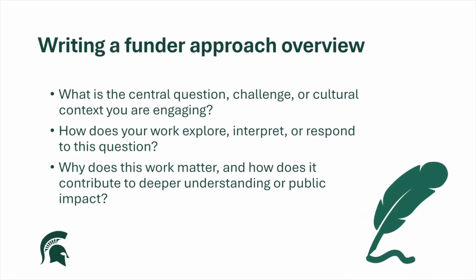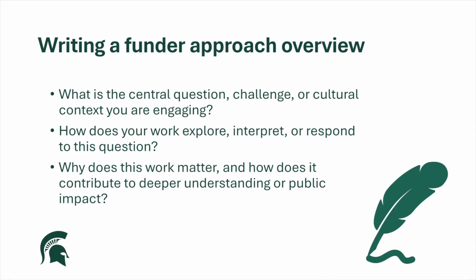When writing a funder approach, like you want to reach out to this funder, this is kind of the format I want you to think about. You're writing a concept note, you're trying to put together your thoughts on paper. Ask yourself these questions. What is the central question, challenge, or cultural context you are engaging?